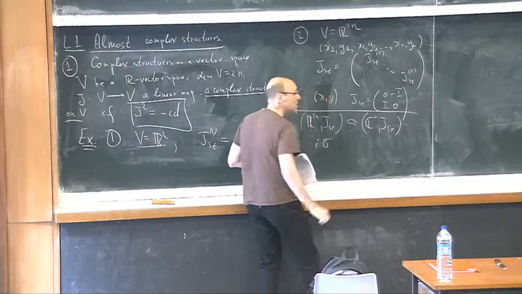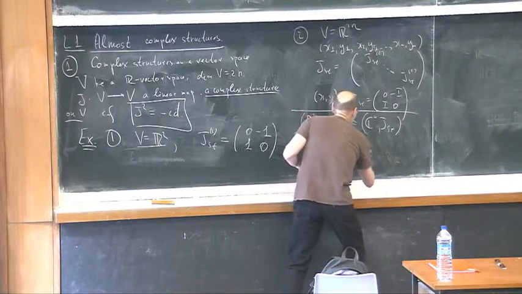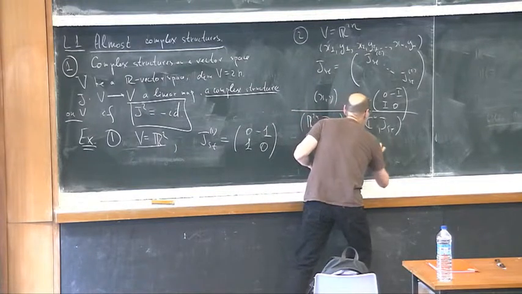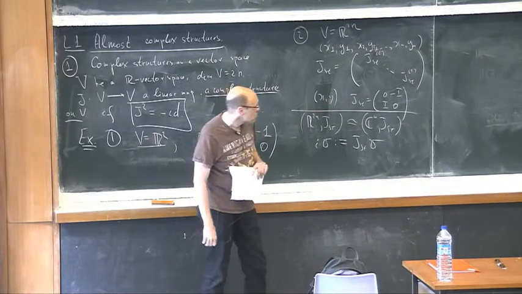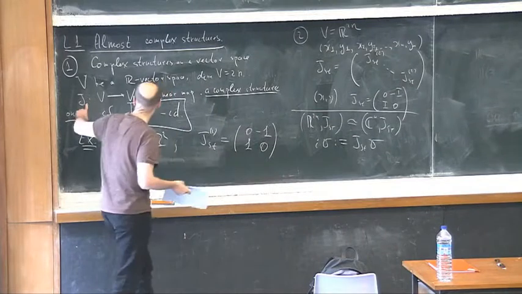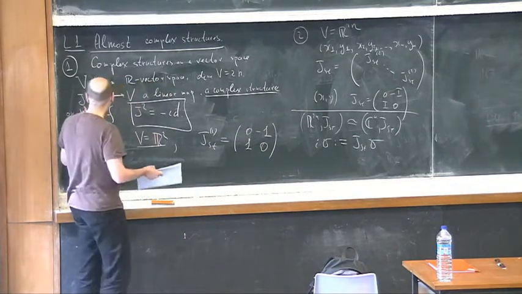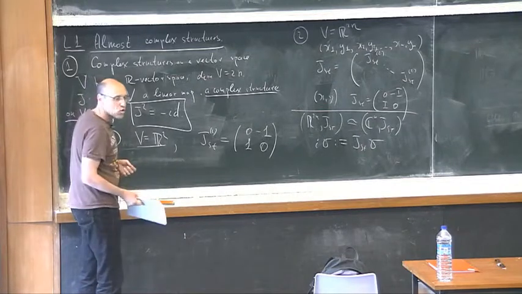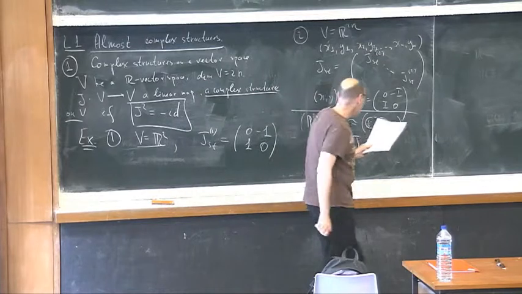You define this multiplication of a real vector by i like this, and R2n becomes a complex vector space of dimension n. And in general, when you have a complex structure on a real vector space, then using a similar formula, you can view this as a complex vector space of dimension n, and so on.